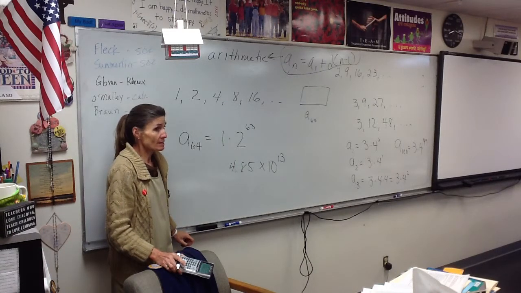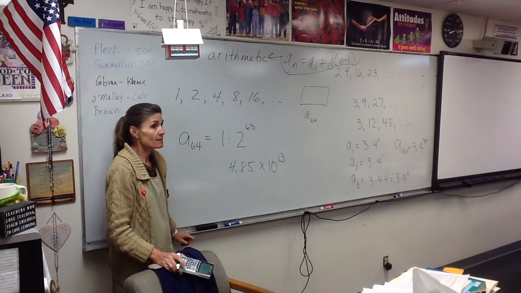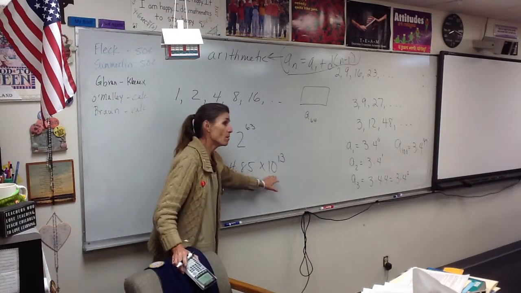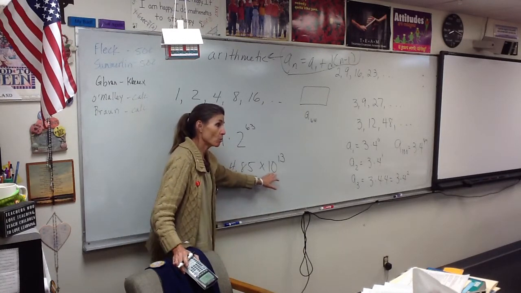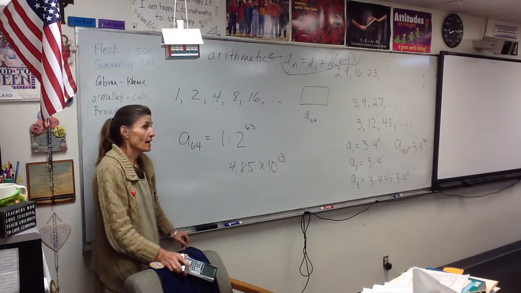Now keep in mind, the sun is 10 to the 7th. This is almost that square. Not quite, but almost that square. That's a lot of checkers.